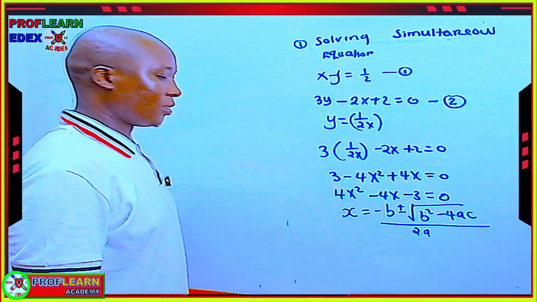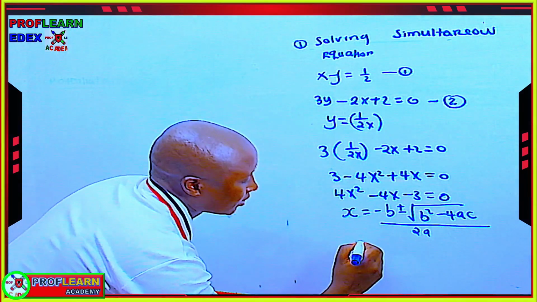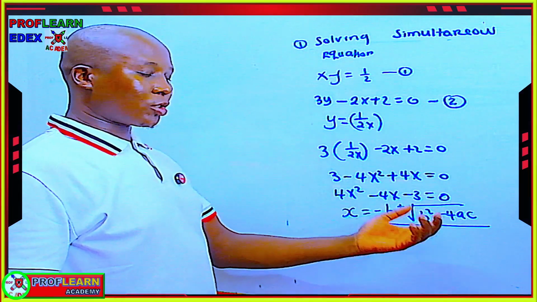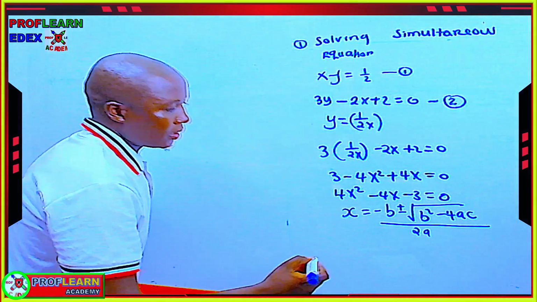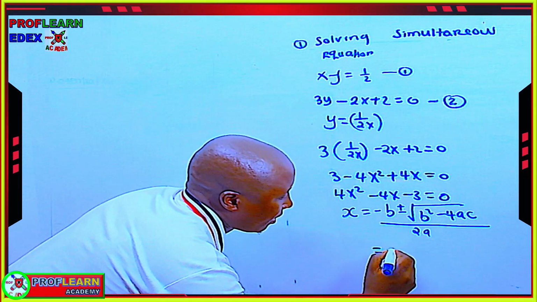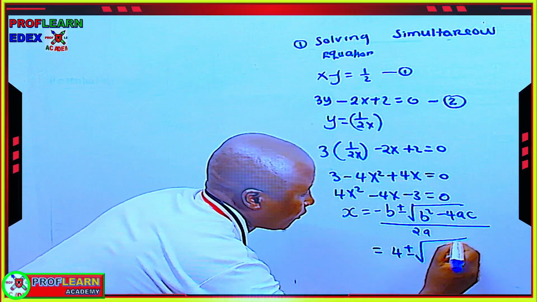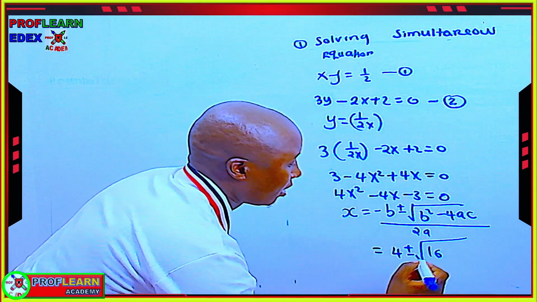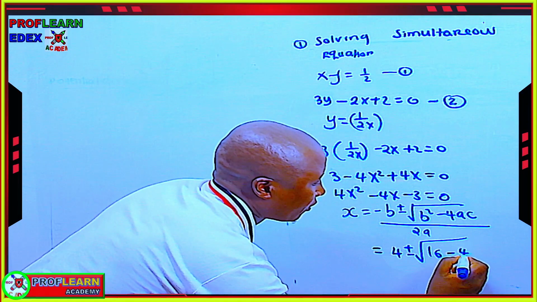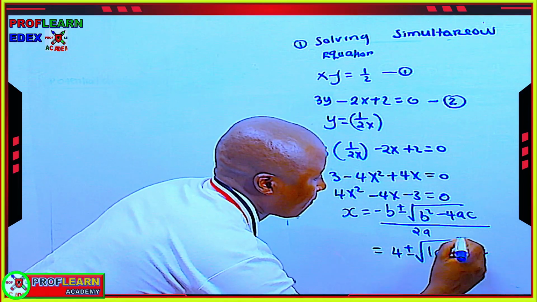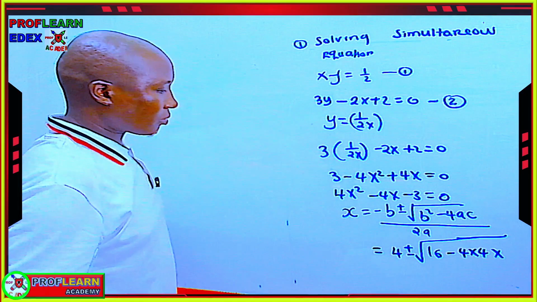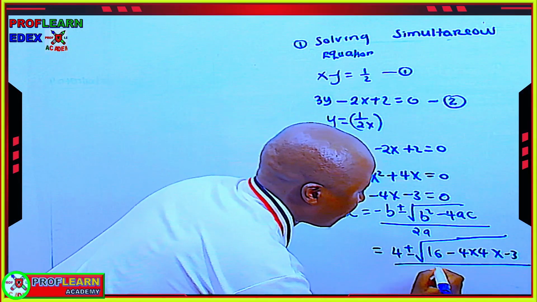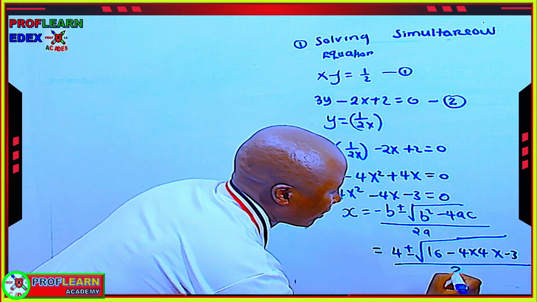In this case, a is 4, b is -4, and c is -3, which means this is 4 plus or minus the square root of 16, because -4 squared is 16, then minus 4 times a, which is 4, times c, which in this case is -3, divided by 2 times 4, which is 8.